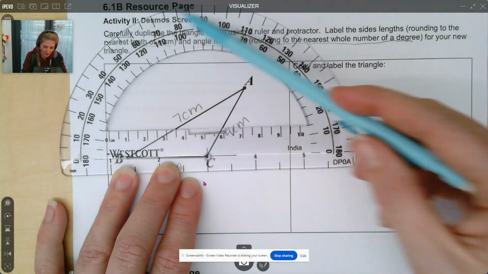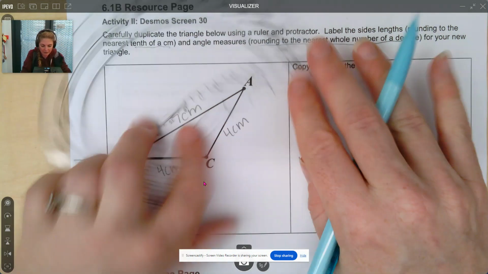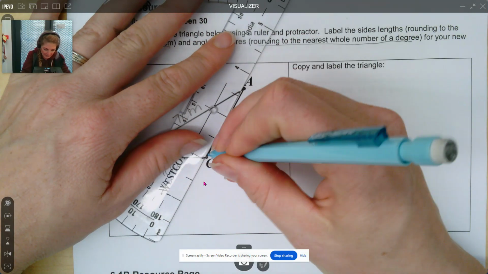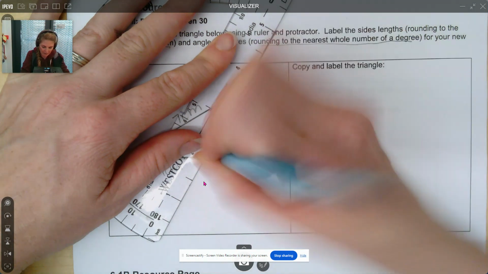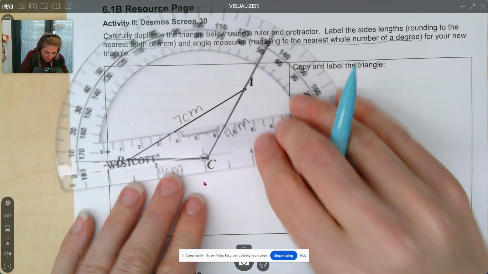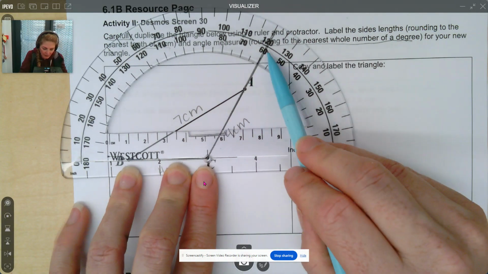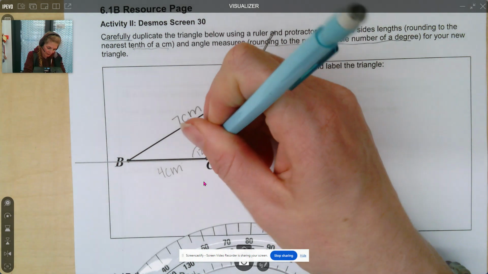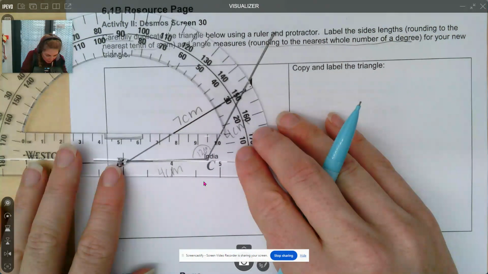I can't tell exactly, so I'm going to extend Ray CA out too, just so I can get a better measure. 120 degrees.